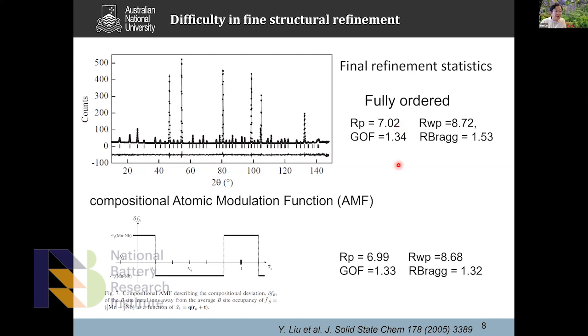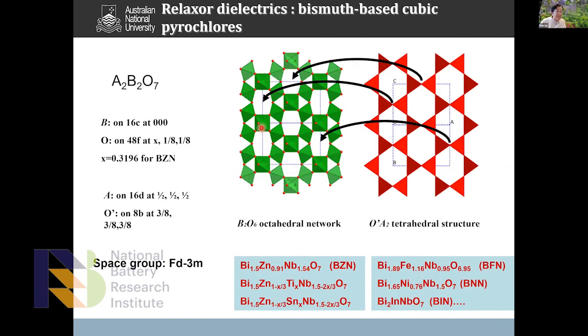Okay, another example is the pyrochlores. We call the general pyrochlore A2B2O7, and what happens is you generally have a big cation occupying the octahedral center, and you get one type of oxygen, corner-linked to form the octahedral structure, and another one is the tetrahedral network.